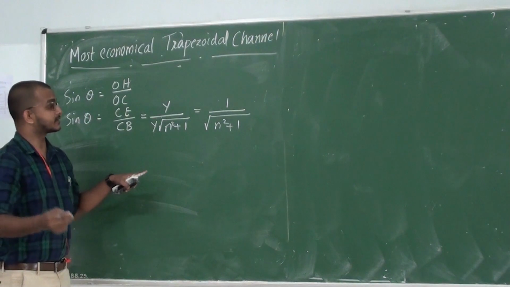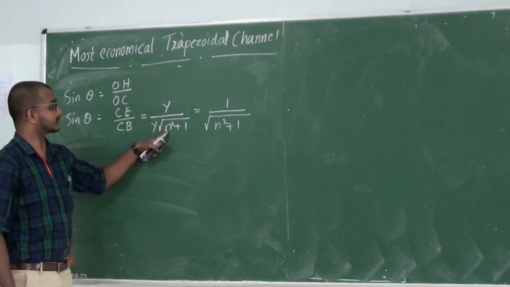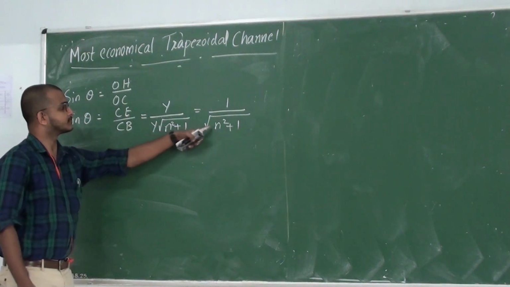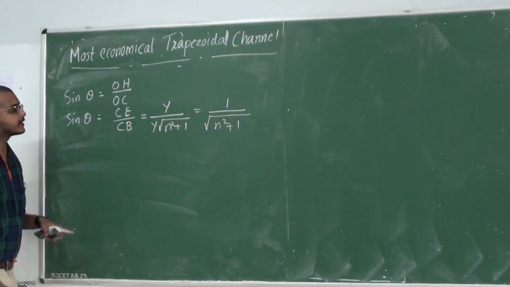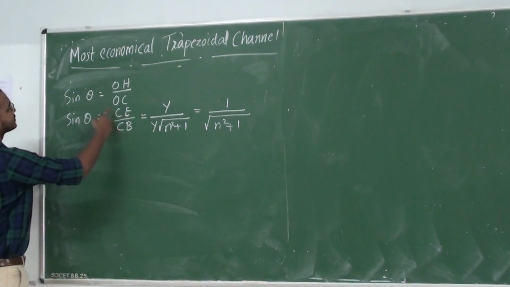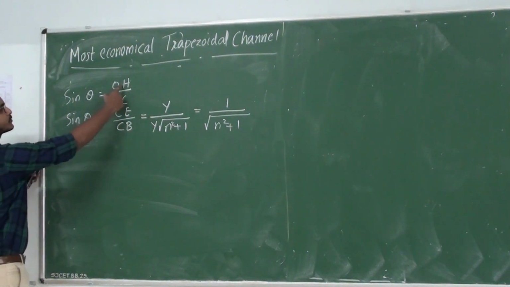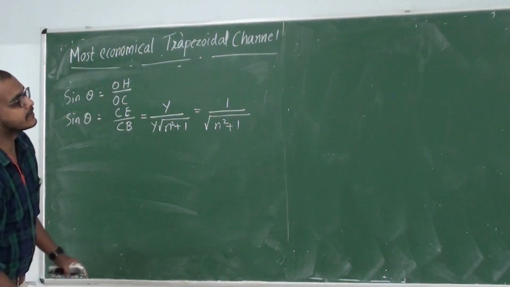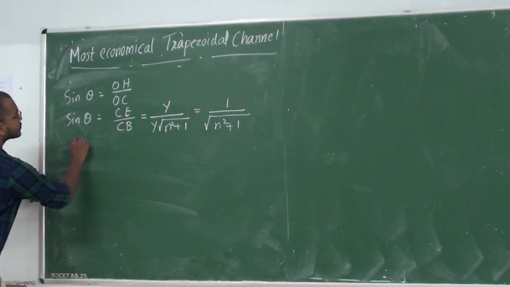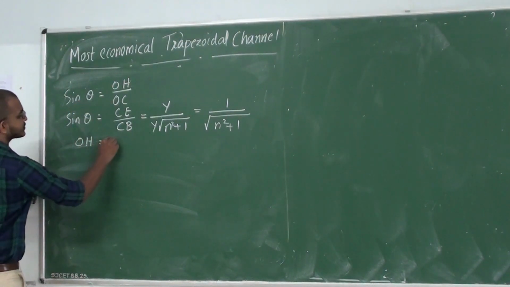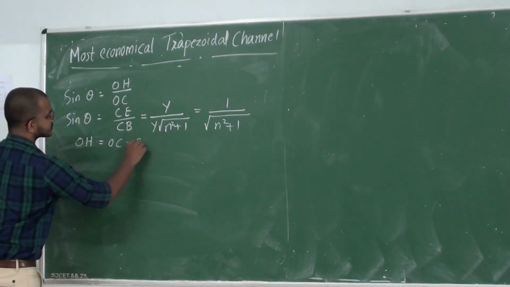Please note that I had made a mistake there. Just replace n by n square. So 1 divided by square root of n square plus 1. C by CB, or sin theta, is equal to OH by OC. That means the length OH is equal to OC into sin theta.